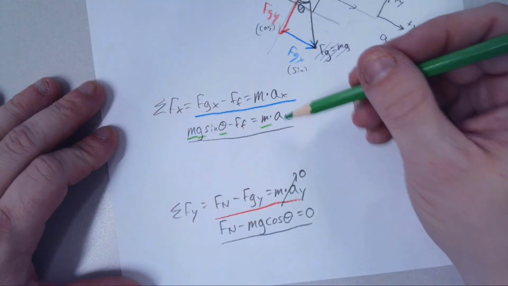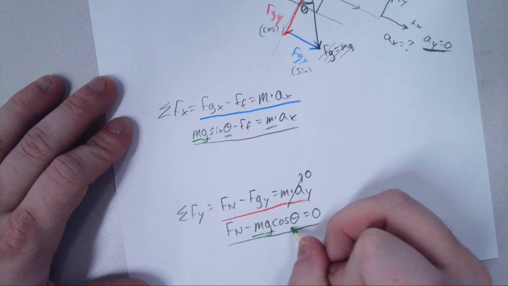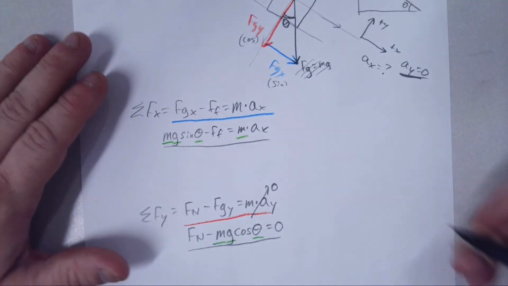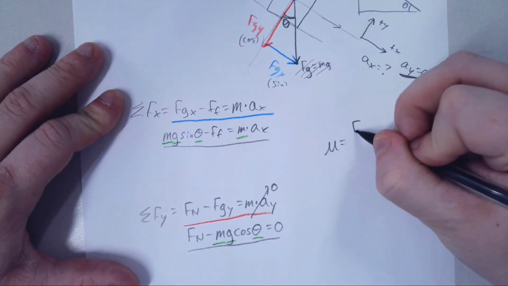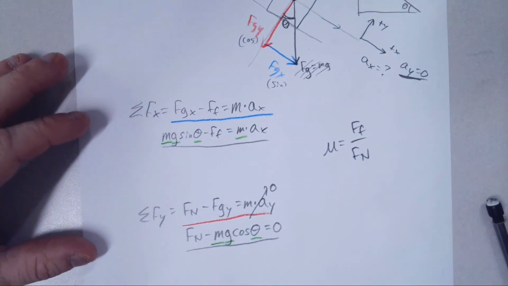So if we don't have enough here, we go to the y direction. We know the mass, we know the gravity, we know theta, so there's enough for us to solve for the normal force. And remember, there's a third equation that we have here. If we have friction, the coefficient of friction is the friction force divided by the normal force.